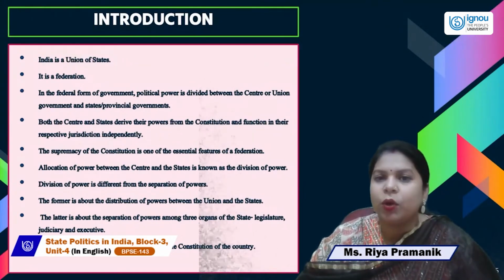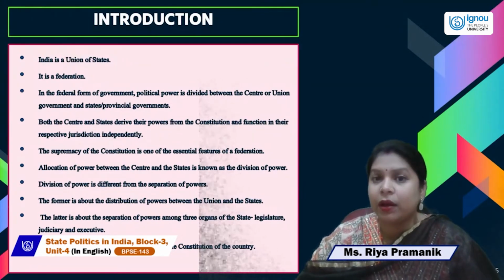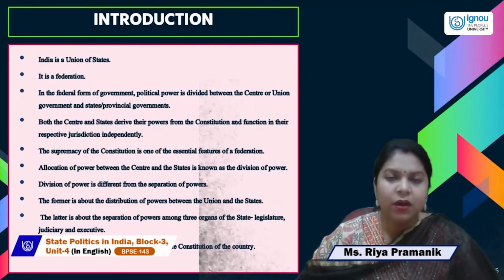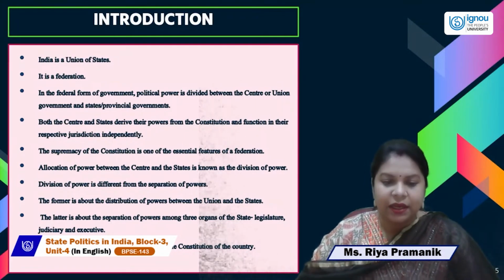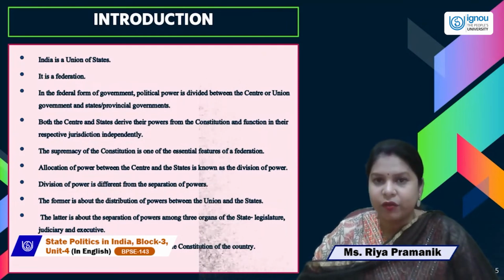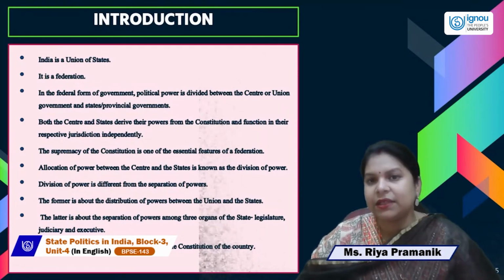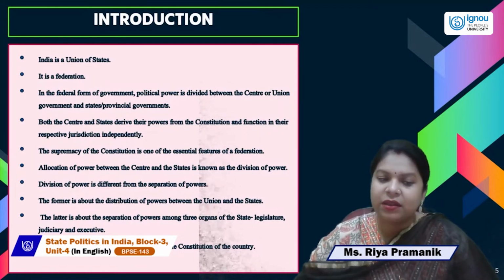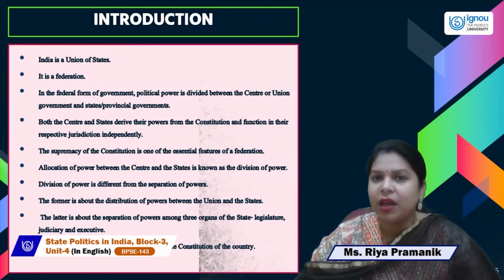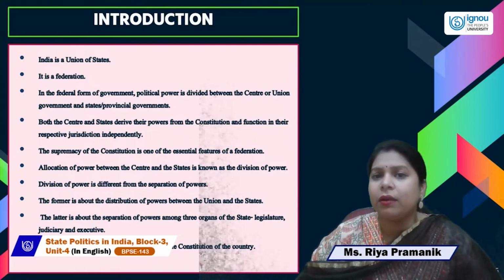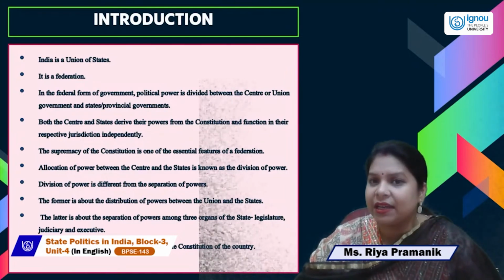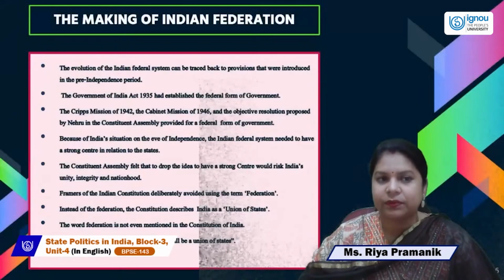In this whole unit on federalism, we will be learning about the division of power between the center and the state. In India, the division of power is allocated in the constitution of the country. It is in the Indian constitution where this division of power is mentioned, and from there the union or the states derive their powers.